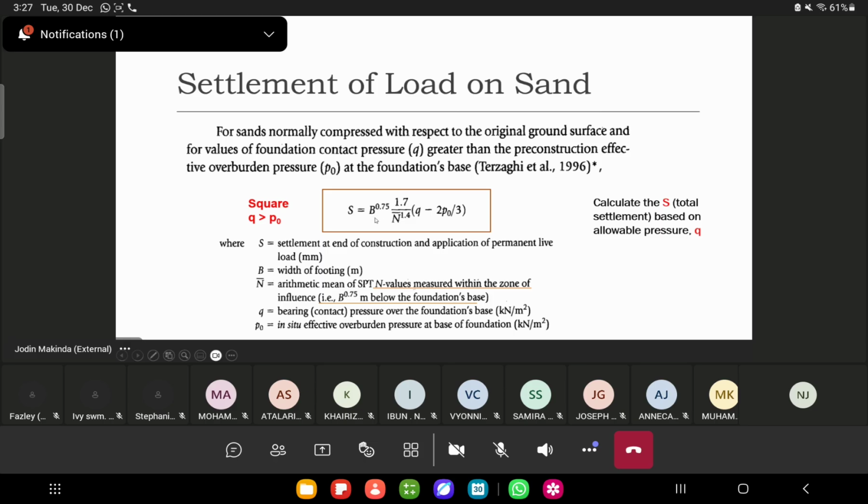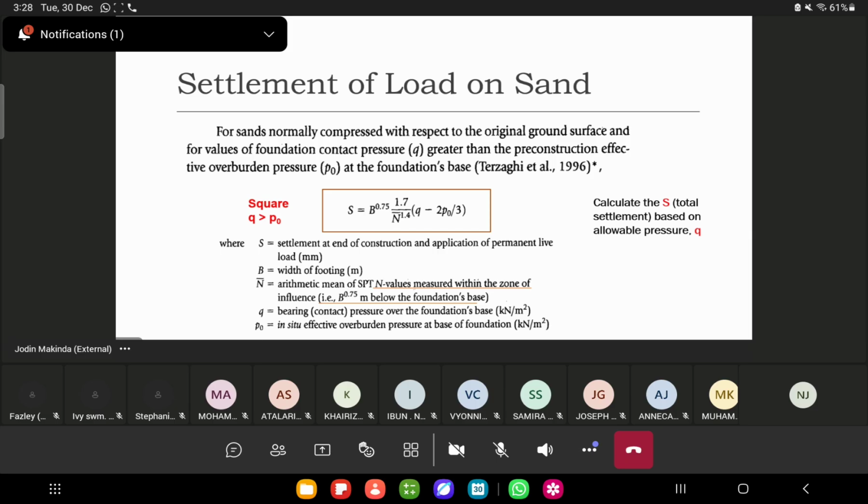N prime is the SPT value, based on the site investigation test, where they hammer the layer of soil. This is the value that we use in this equation. Q is the contact pressure. What is the load of the design divided by the area of the design? This is Q.